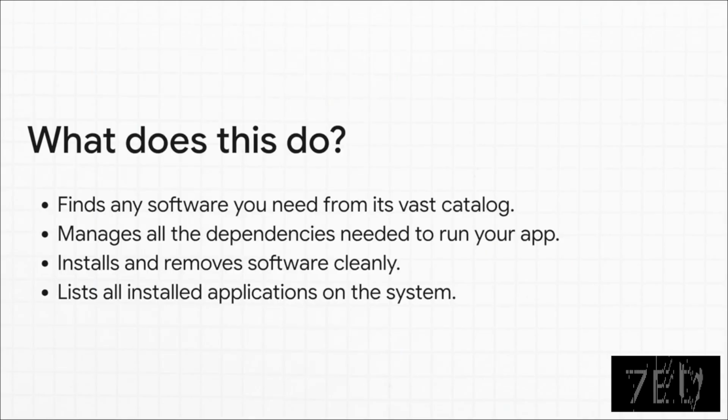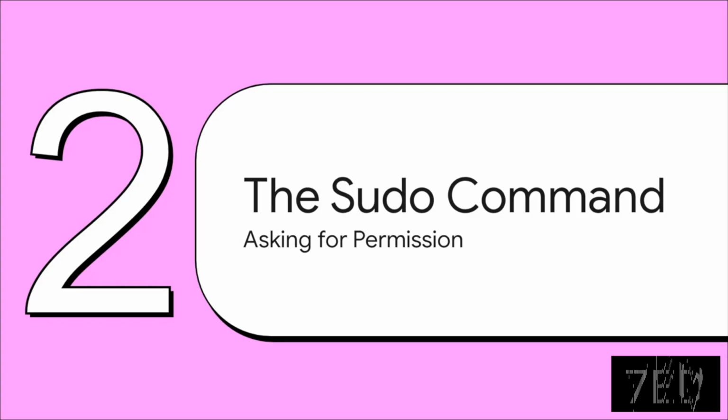And this librarian does a lot for you. You ask for an app, it finds it in its massive catalog. It also handles all the dependencies. You can think of these like other books or resources your main app needs to work properly. It installs, it upgrades, it removes things cleanly, and it keeps your entire software library perfectly organized, so you don't have to.